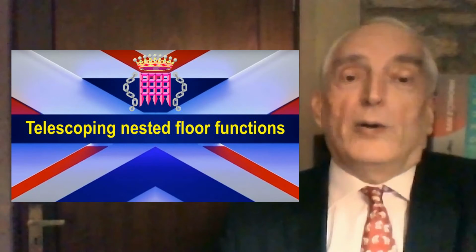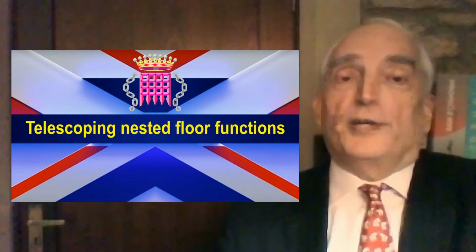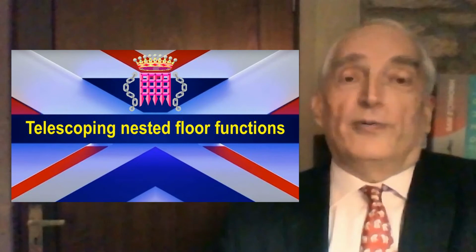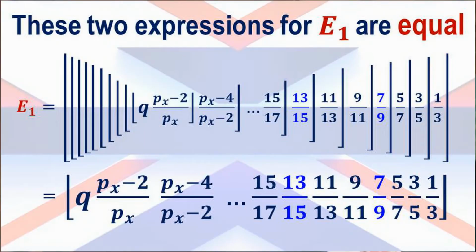So now we go on to the telescoping nested floor functions. Here we are saying that in lines 2 and 3 of the key relation, there are two expressions for E1, one of which is a series of nested floor functions, and the second of which is simply a single floor function on the product of Q and all those successive proper fractions, both prime denominated and composite denominated, in strict sequence.